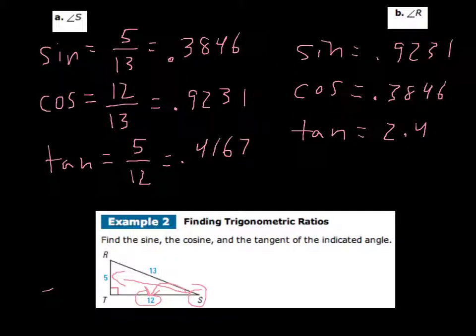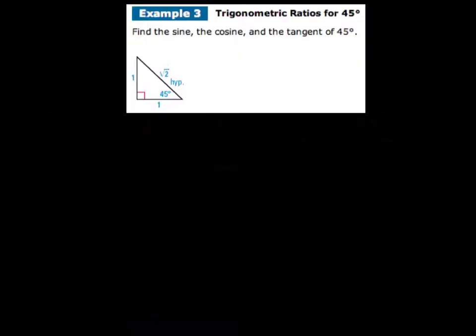And you'll see that happens crisscross for both of those. For the tangent, you won't have answers repeating because they have actual reciprocal fractional answers. This is 5 over 12, and this is 12 over 5.